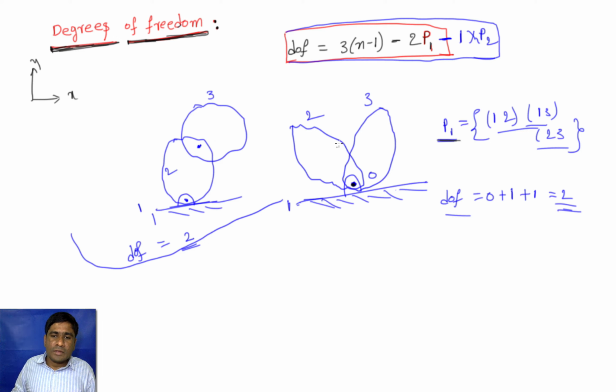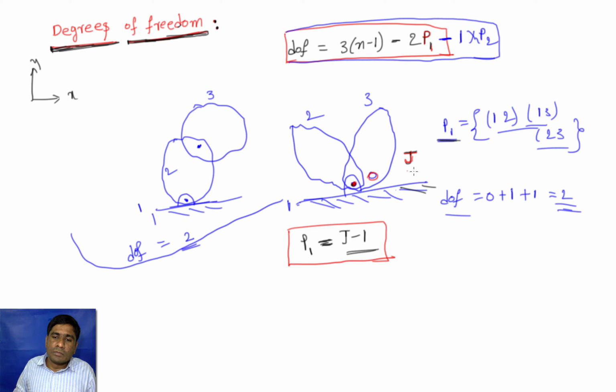For example, say there are J links at this particular joint. So p1 at this point equals J minus 1, simply J minus 1. We should remember this formula. This is very, very important. Here J is the number of links at this particular joint O.